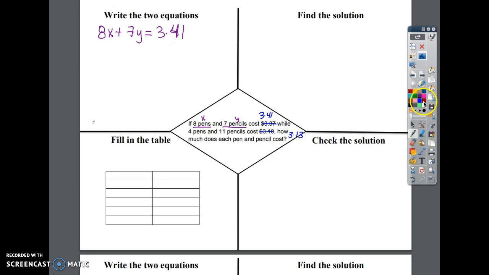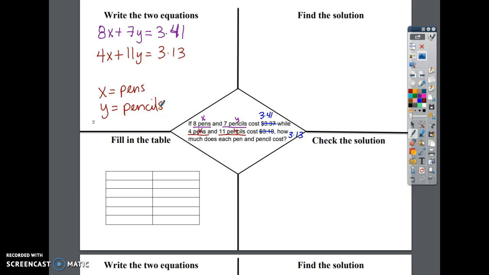And the other one is 4 pens, that's your X, 11 pencils, that's your Y, 3.13. So 4X plus 11Y equals 3.13. Remember, X equals pens, Y equals pencils.